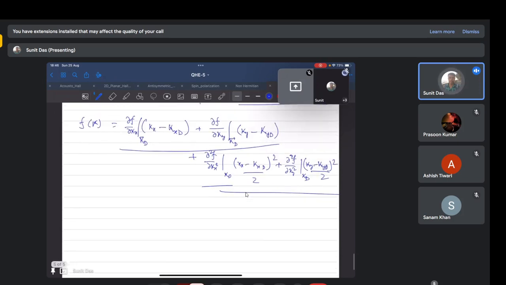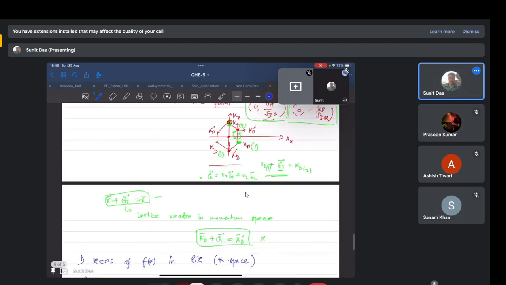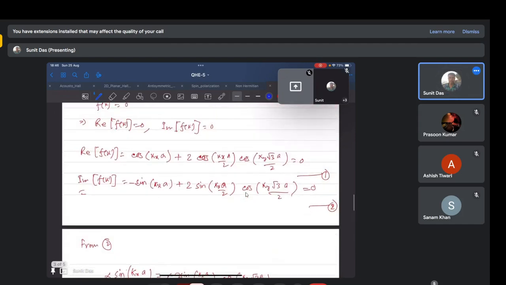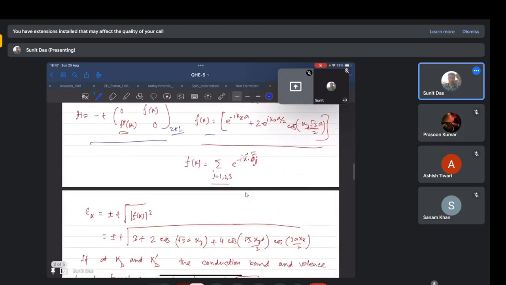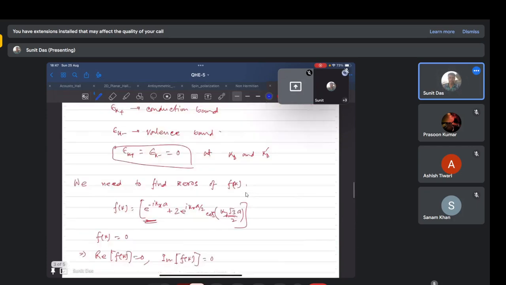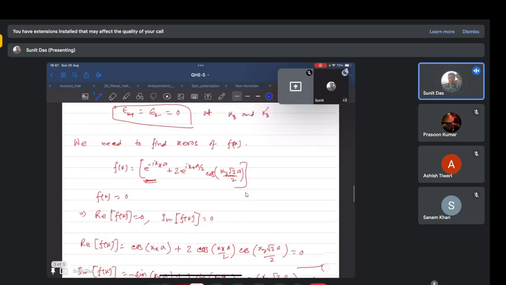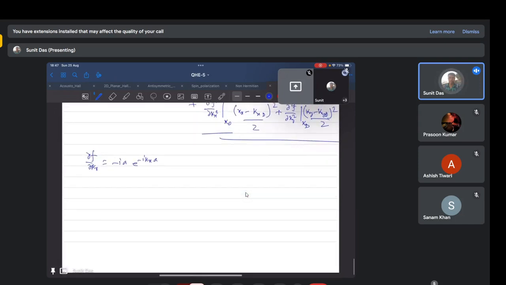Okay, so if we calculate del f del kx, we had minus ia e to the power minus i kx a, and then plus ia e to the power i kx a by 2, and then cos root 3 ky a by 2.